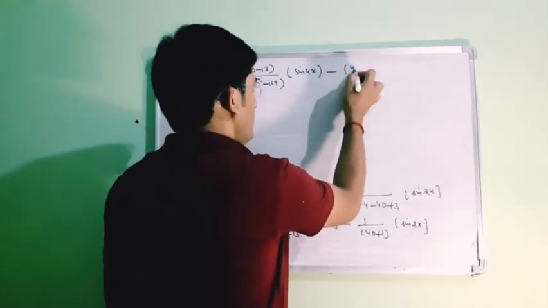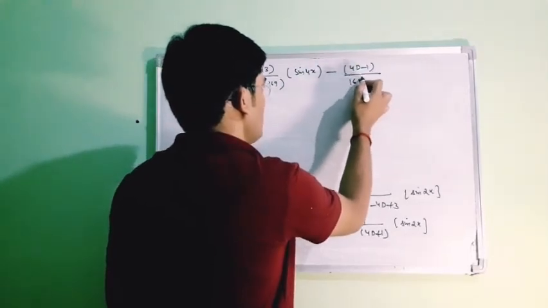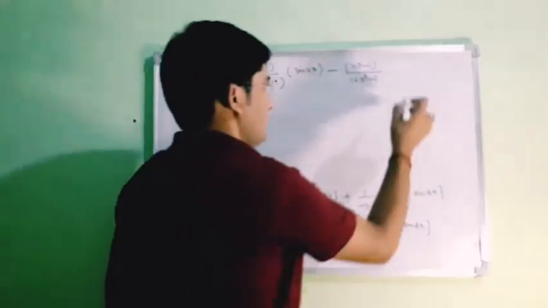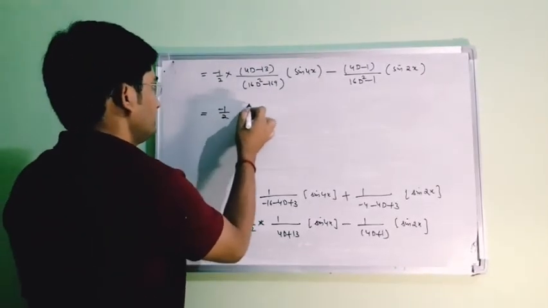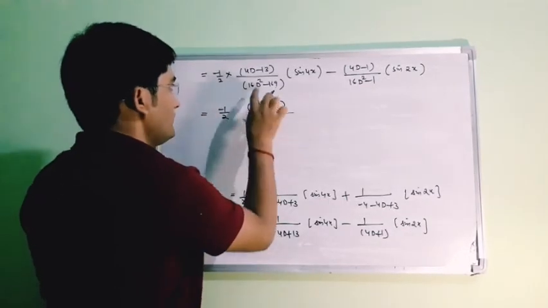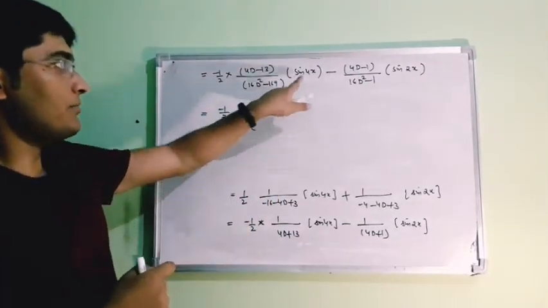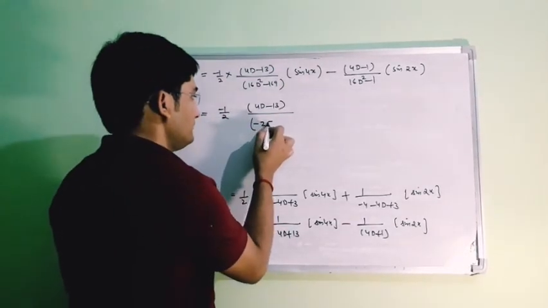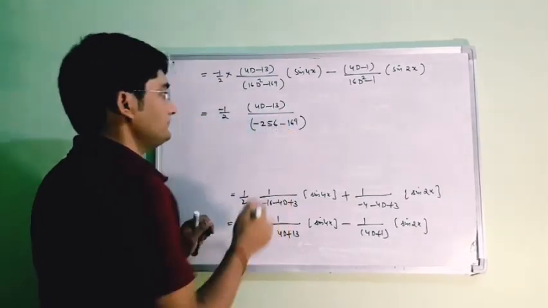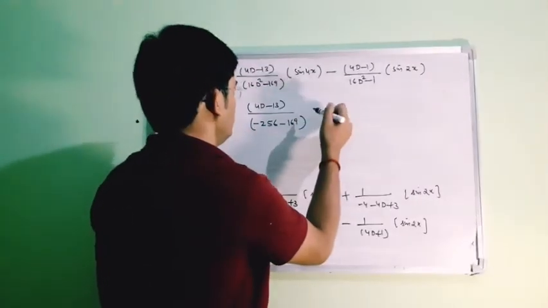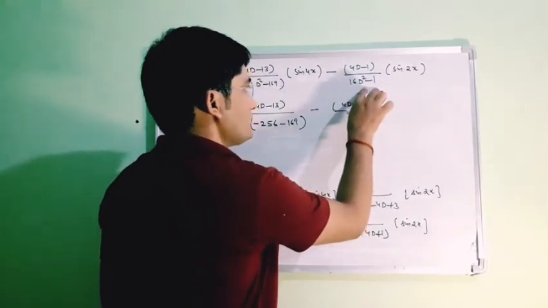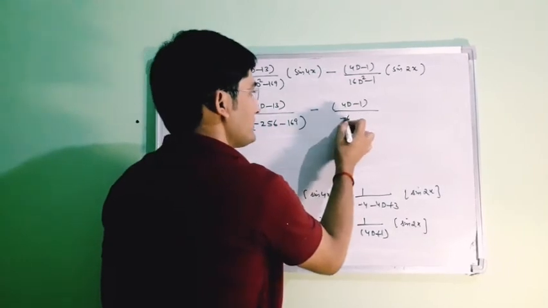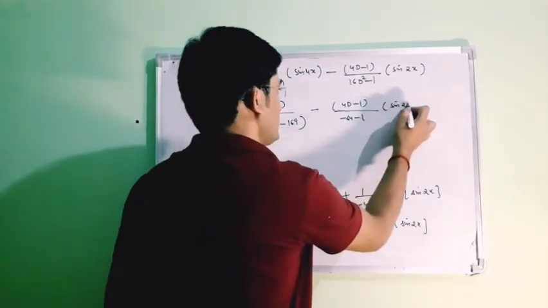And here we have 4D minus 1 and 16D square minus 1, and in the bracket we have sine 2x. So if we replace our D square by minus 16, then this will be minus 256 minus 169, and here we will have 4D minus 1. Again, if you replace your D square by minus 4, then this will be minus 64 minus 1, and we have sine 2x.